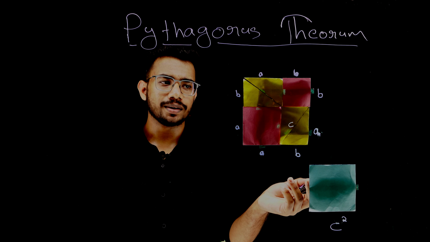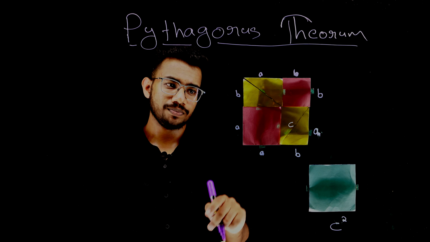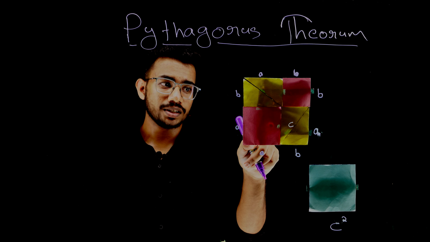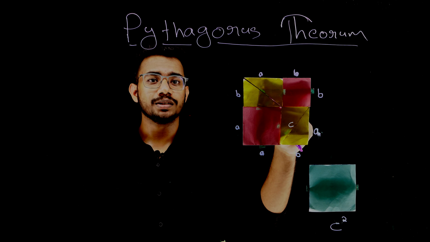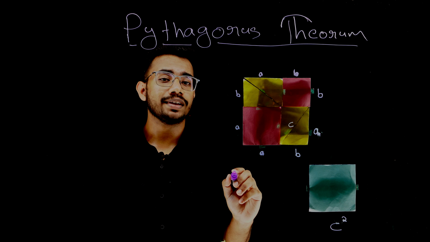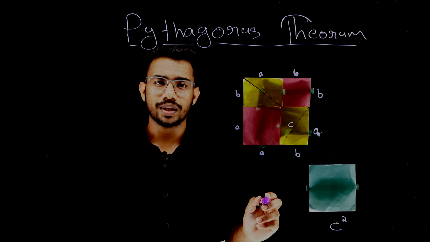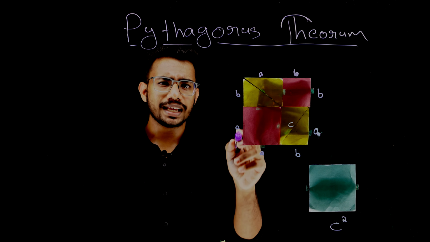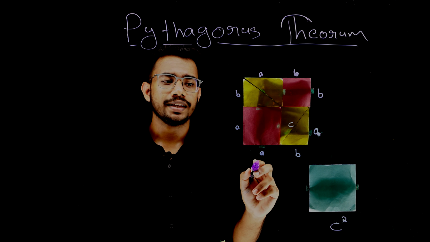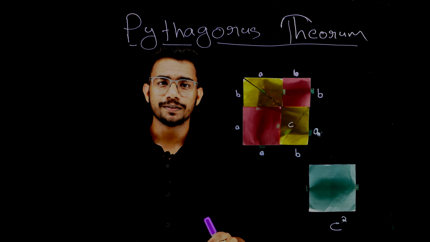It is the same square, but I have 2 new empty spaces. One empty space is this square, and the other one is this square. This square has an area of a squared, and the other one has an area of b squared. Since I have the exact same square, shouldn't the empty spaces be equal to c squared itself?